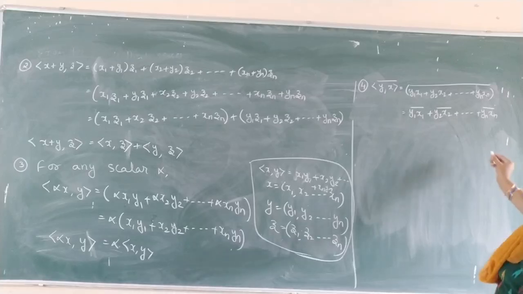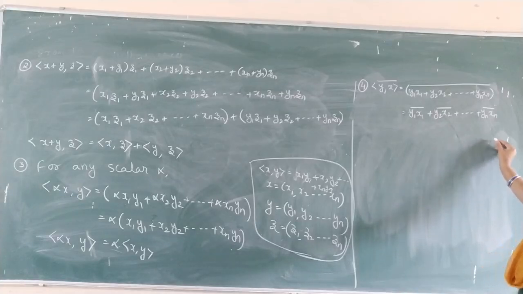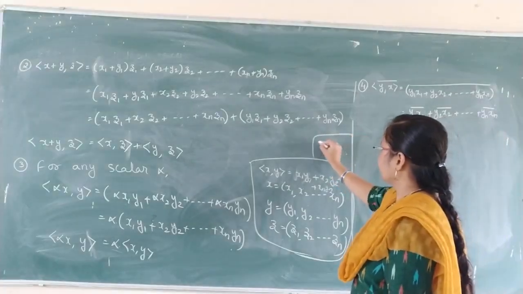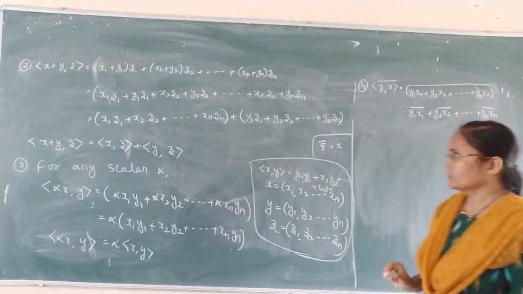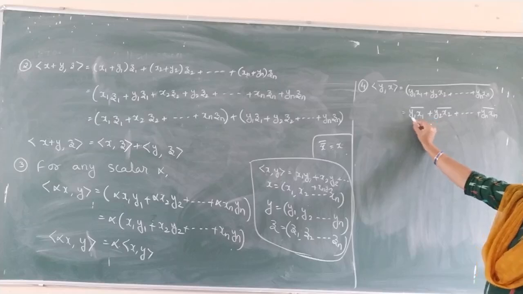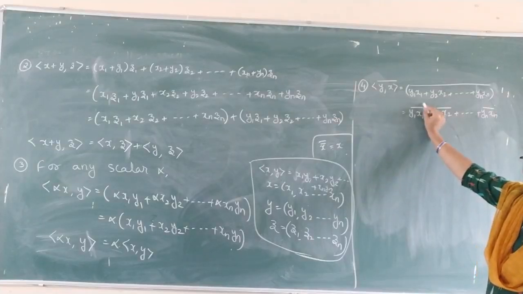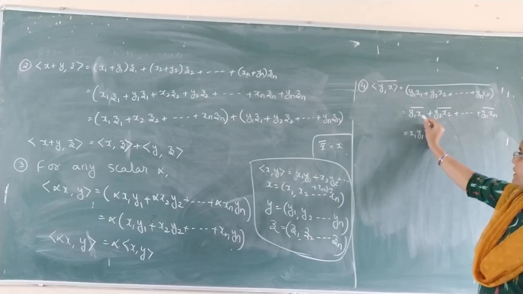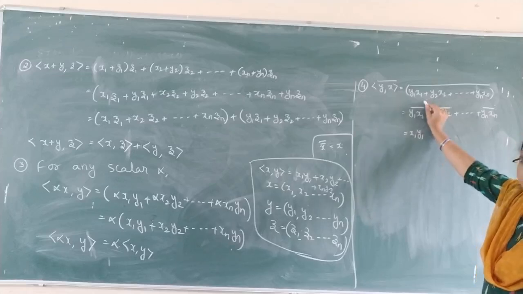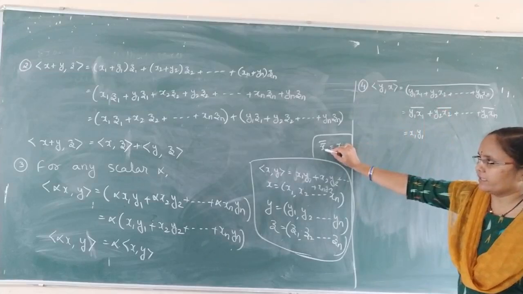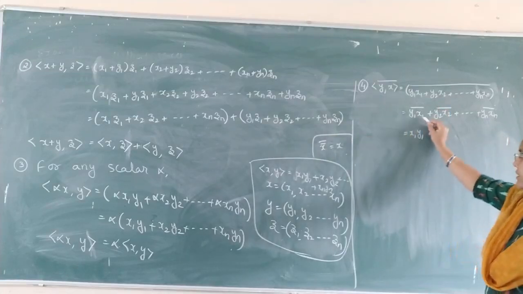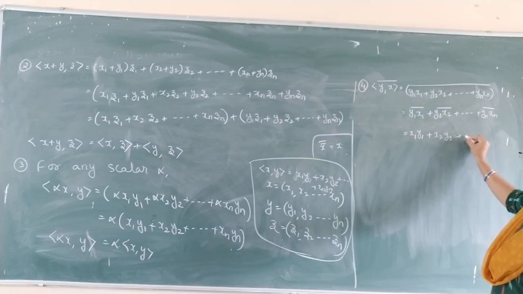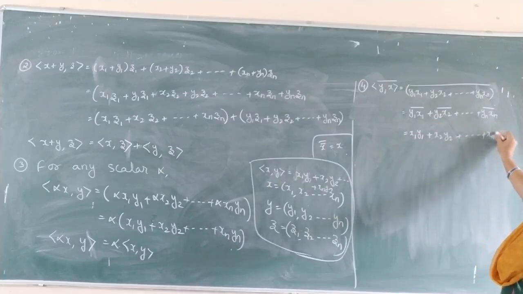Next, here we are using one property, that is x double bar is equal to x. So here we write x1 y1 in reverse; at that time a bar exists, so double bar means the variable is itself. So this becomes x1 y1, this becomes x2 y2, so on, then this becomes xn yn.